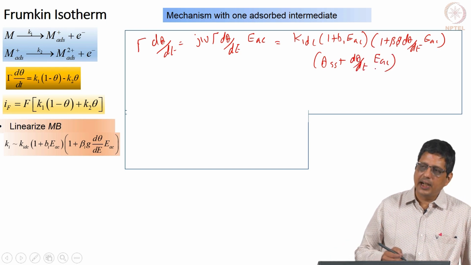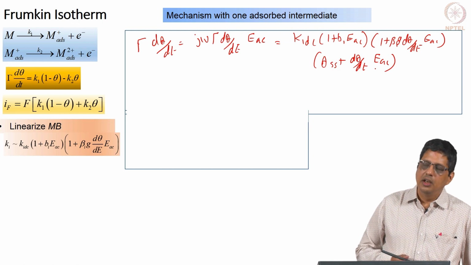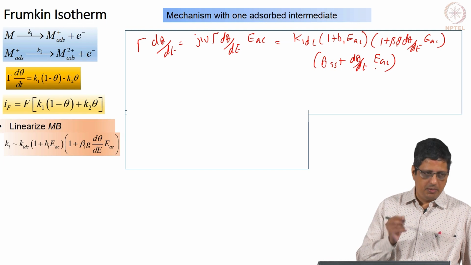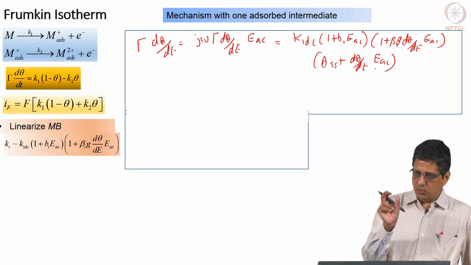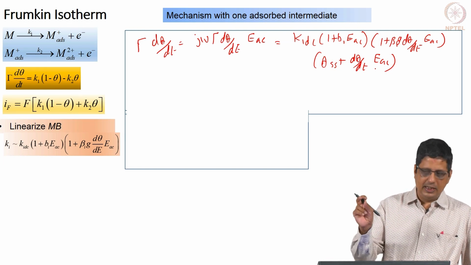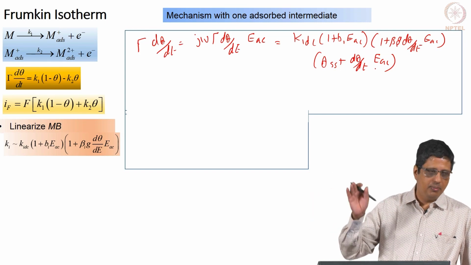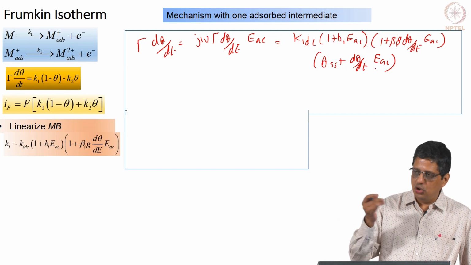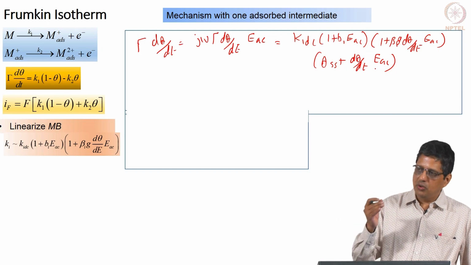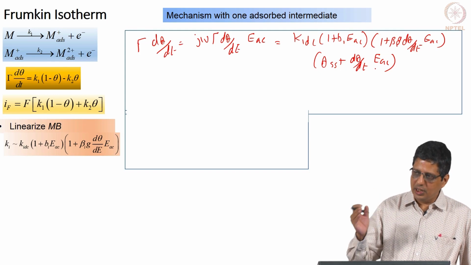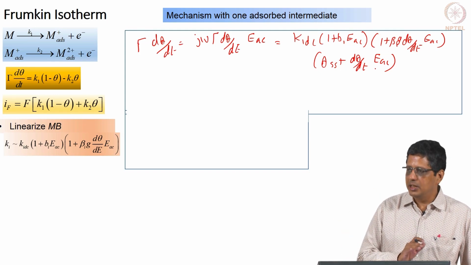When we looked at the catalytic mechanism, we found that it is a second order reaction in one of those steps. That means k1 will give rise to one EAC term, theta will give rise to one EAC term, 1 minus theta will give rise to one EAC term, and when you multiply this you will get up to cubic level, but we are going to truncate at first order. Therefore, we will neglect EAC square, EAC cube. We have to do the same thing here.